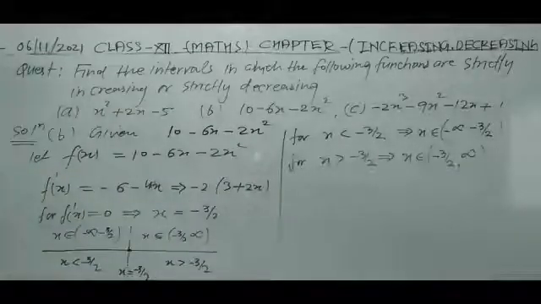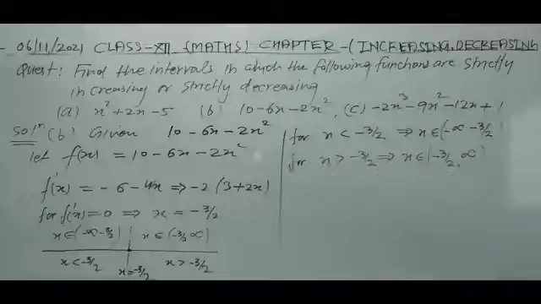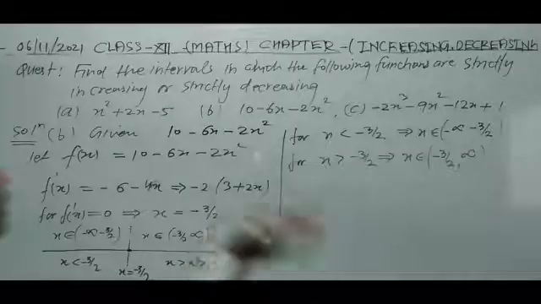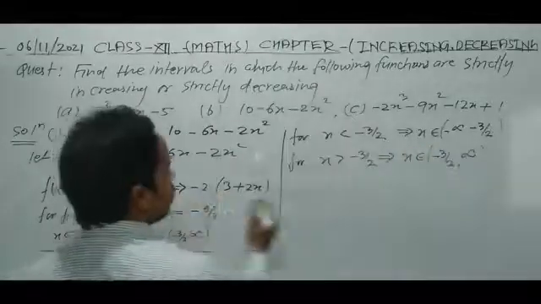Suppose you are taking points less than minus 3 by 2, so 3 plus 2x will be negative, and the whole result, when you take a negative number, will be positive. So f dash x will be greater than 0.